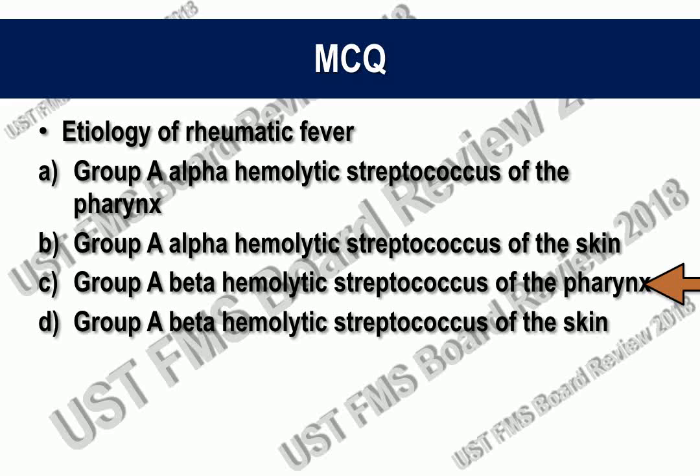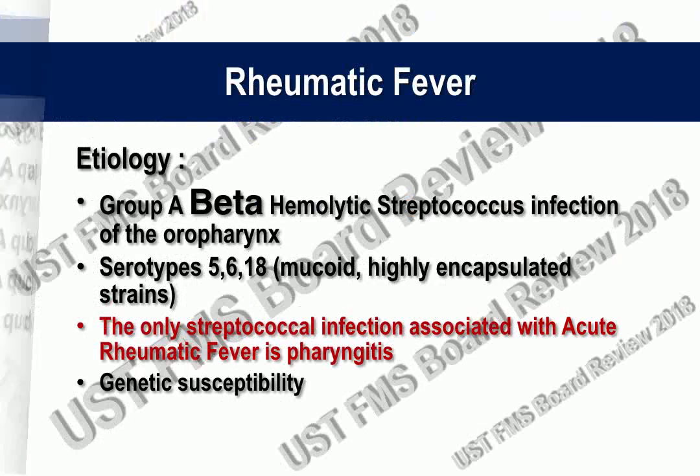So take note, it has to be the pharynx. The infection of the skin does not lead to rheumatic fever. It leads to acute glomerulonephritis. So the only streptococcal infection associated with acute rheumatic fever is pharyngitis.